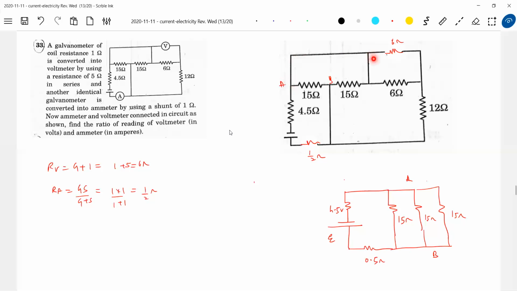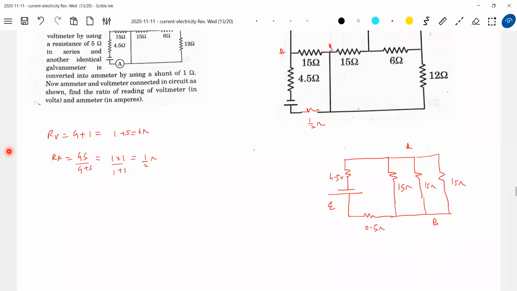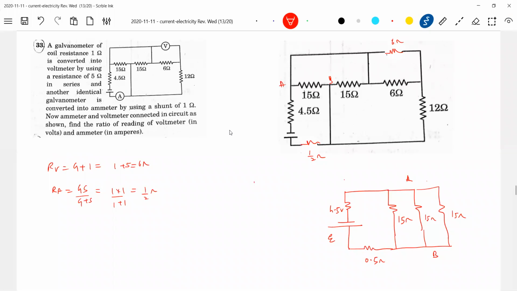So you can see now this is A. This is B. This will become 5 ohm. So what is the reading? Find the ratio of the reading of voltmeter and ammeter. It is asking for the ratio of that one.